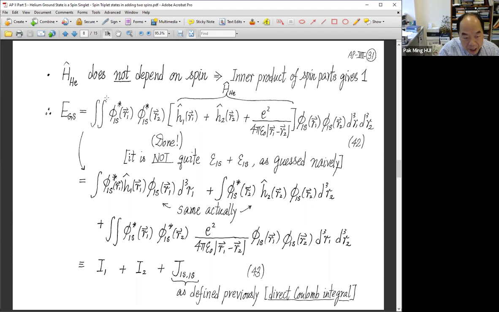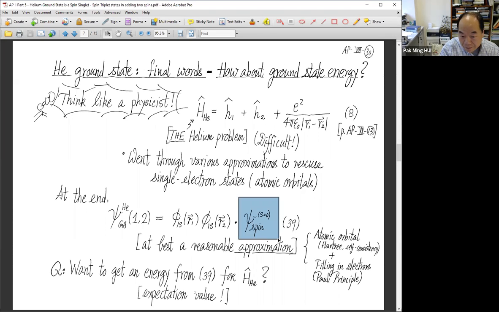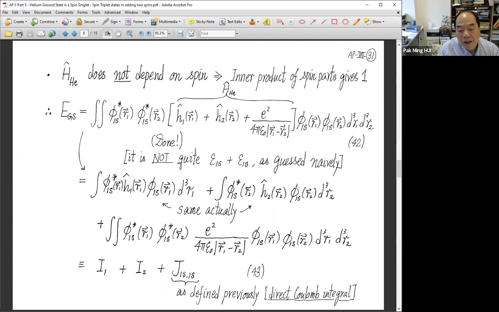So the form will be my ground state, the spin part orthogonal. There is one on the left, there is one on the right. They multiply together, you can think about it as a column vector with a vector. They are the same. Norm is 1, normalized. So you don't see the spin part anymore, then you have to do this integral.